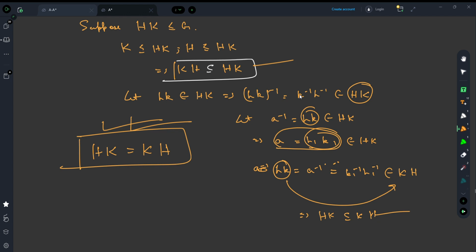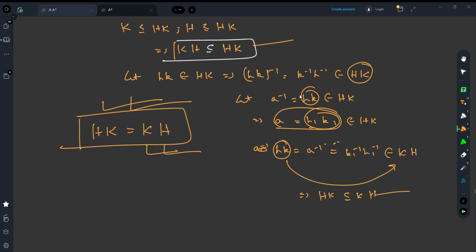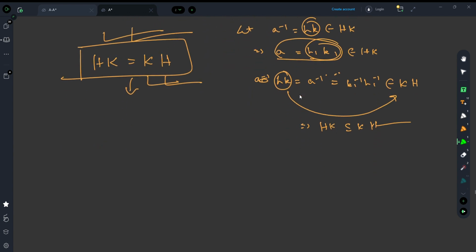Now my question is, what happens if this condition is satisfied? I shouldn't immediately say that this condition is satisfied. Let me come up like this. I want to check when HK is a subgroup of G. Suppose I choose elements out of HK.